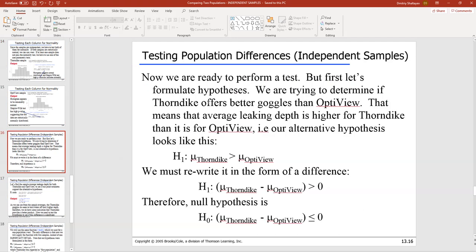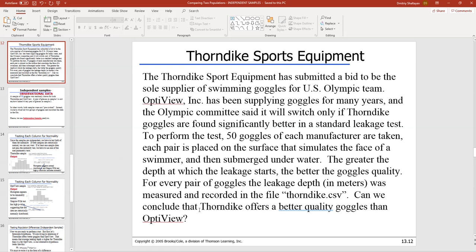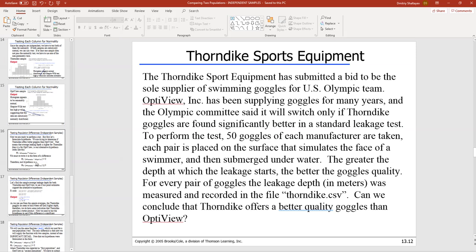Here's what we're testing, right? The goal of the study. Let's go back to the problem, right? Can we conclude that Thorndike offers better quality goggles? Better quality means that they don't leak until bigger depths, right? So therefore the average, here's my hypothesis, right?